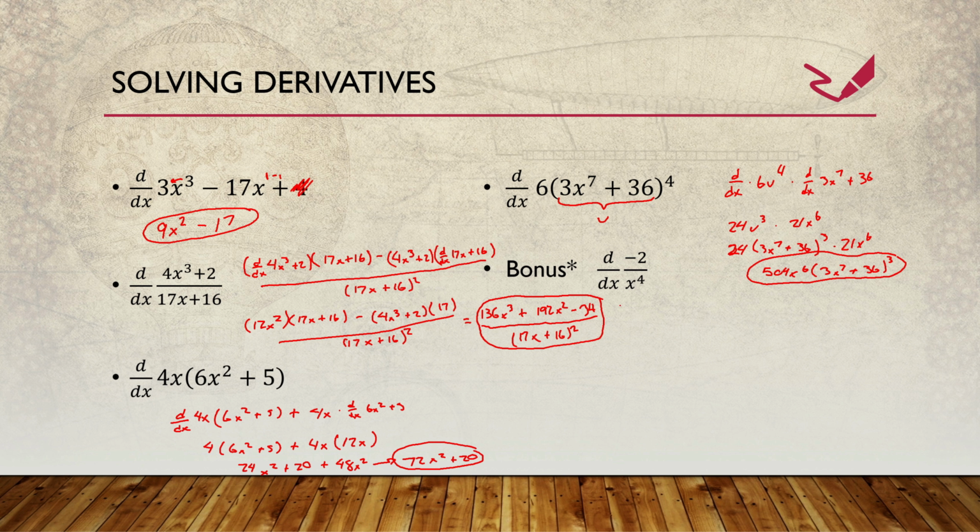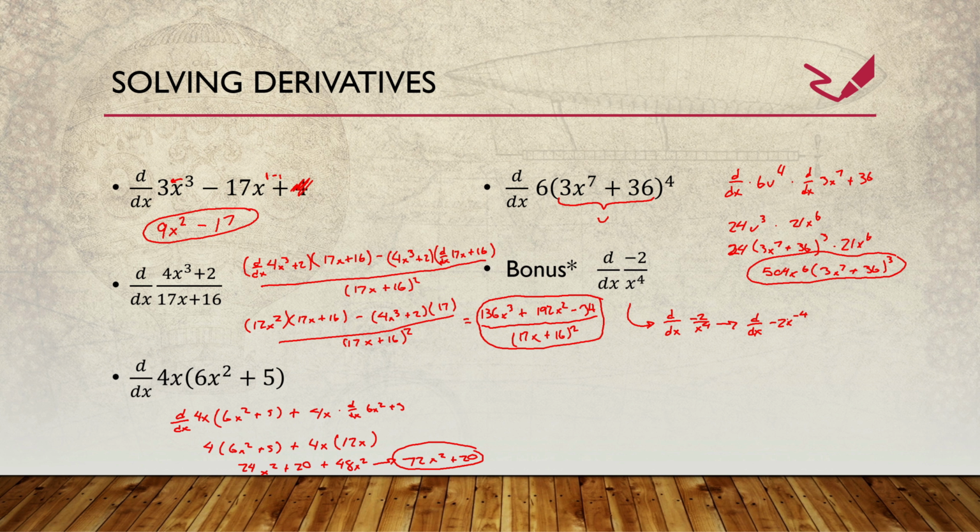Now this one, the bonus one, is a little bit interesting because we could do the quotient rule, but there is a faster way in order to solve this problem. So let me just write it down here again. So if we have d of dx of negative 2 over x to the fourth, you can rewrite this expression as d of dx of negative 2x to the negative 4. You can rewrite this and it would still be the same thing because 1 over x to the 4 is the same as x to the power of negative 4.